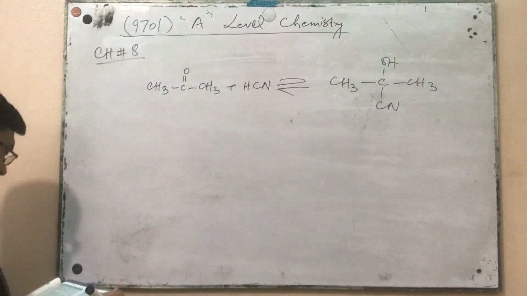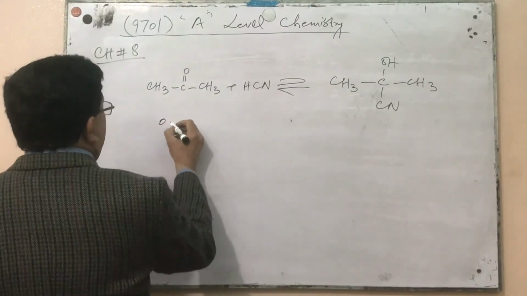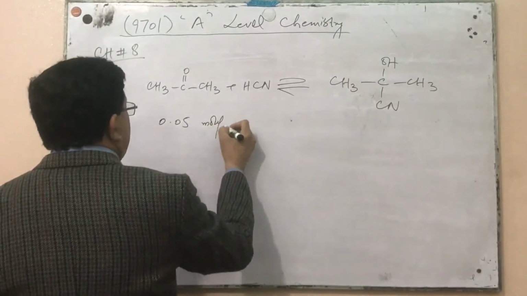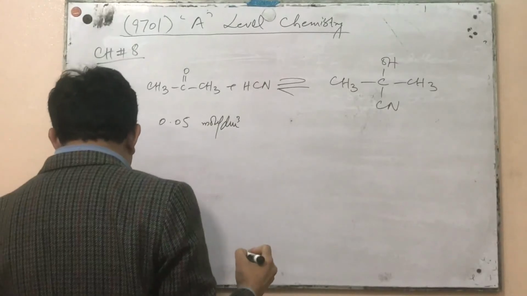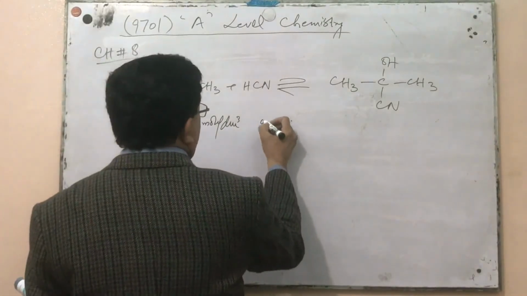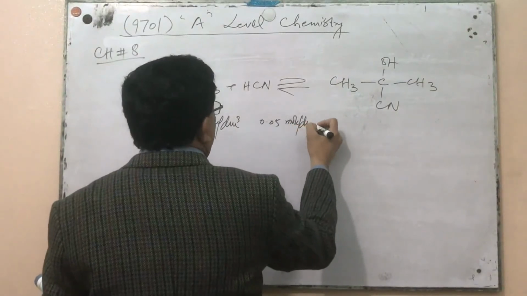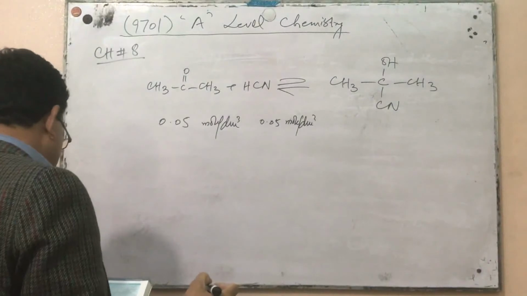A mixture of 0.05 moles per dm cube of propanone and 0.05 moles per dm cube of HCN are reacted together to reach the equilibrium.